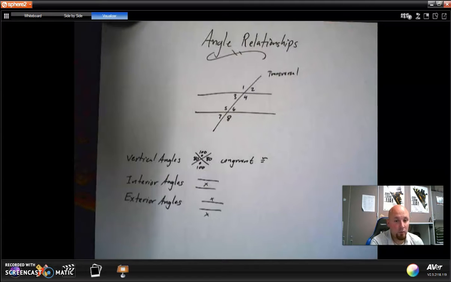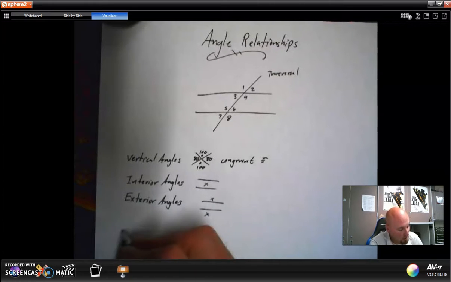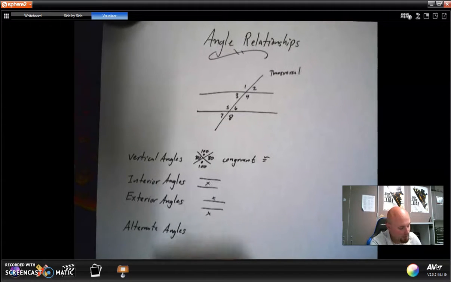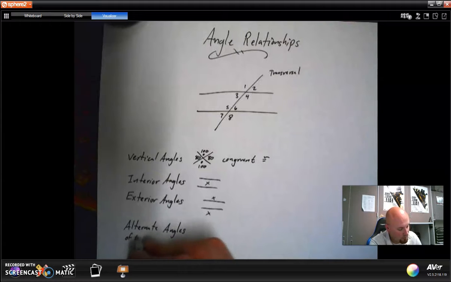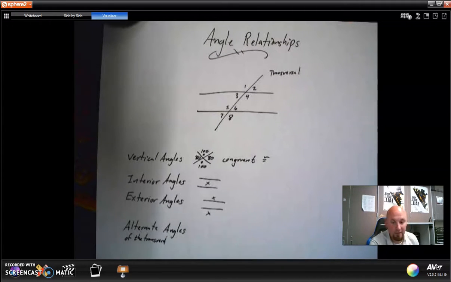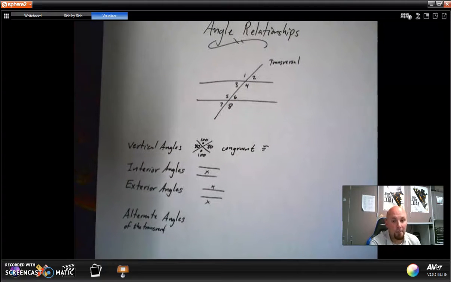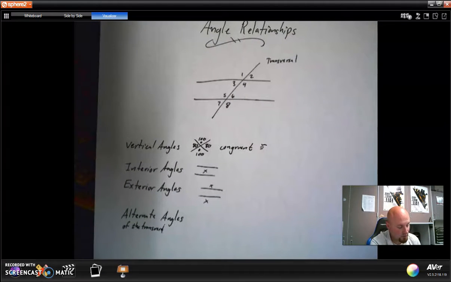Another vocabulary word that we have is alternate. Alternate angles. Now when we say alternate, we need alternate of the transversal. Alternate angles are angles that are on opposite sides of the transversal.